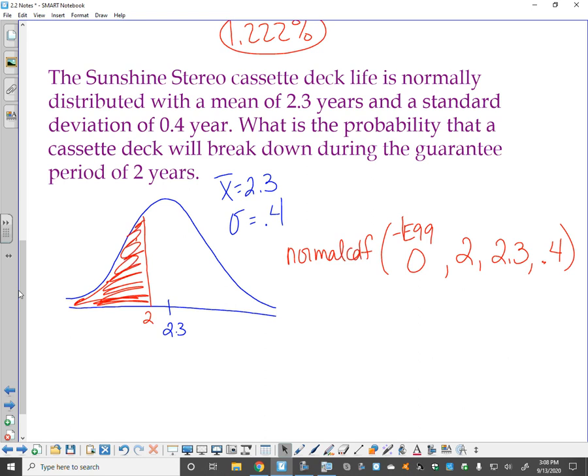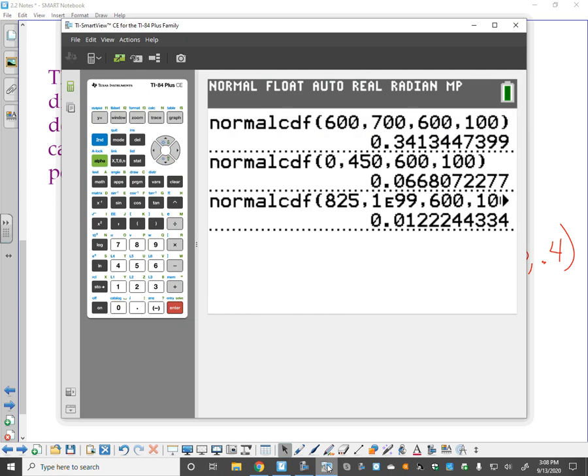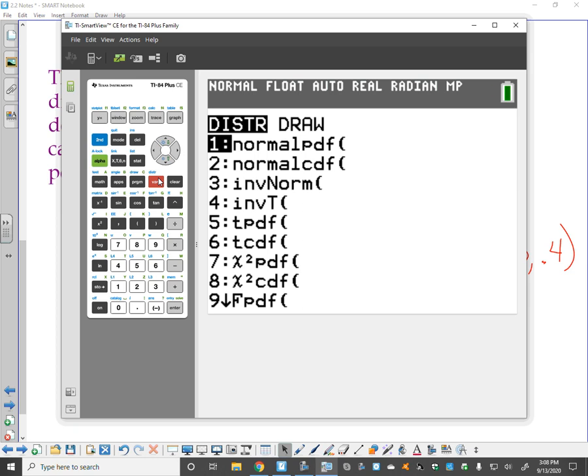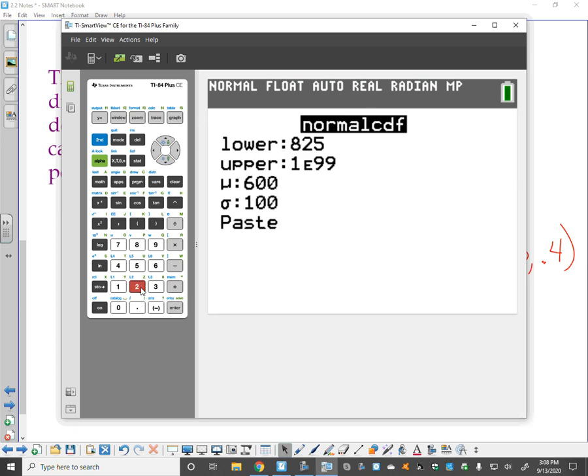Okay, so now I'm going to take my handy dandy calculator, clear that out. I'm going to go to distribution, down to number 2, and let's see, I'm going to do negative infinity. So negative 1 E 99, and I'm headed to 2 with a mean of 2.3 and a standard deviation of not 4, 0.4.